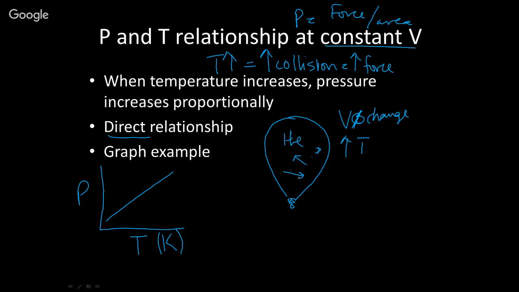So temperature increases, particles move faster, they collide more, so the pressure would increase. So from that reasoning, we can make the statement that it's a direct proportional relationship. That means if we double the temperature, then we must also double the pressure. It's a direct relationship.